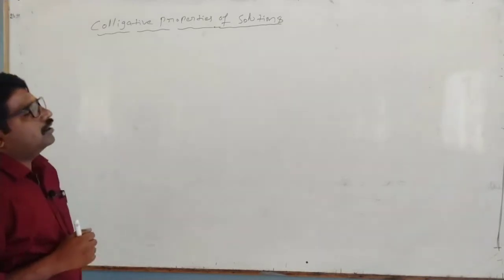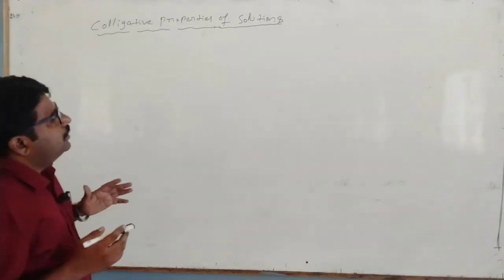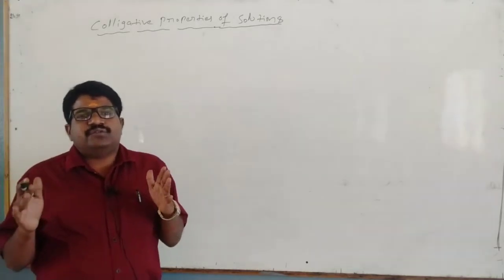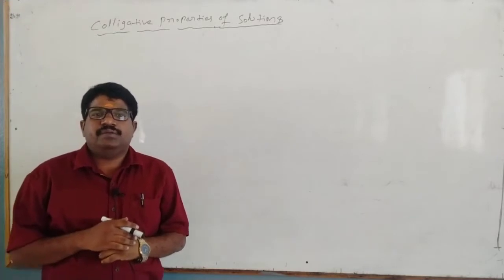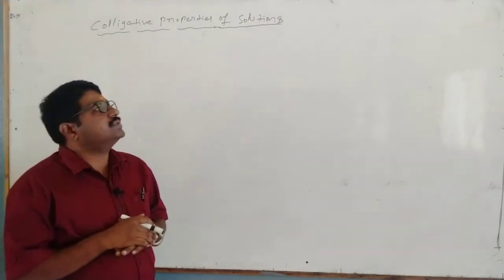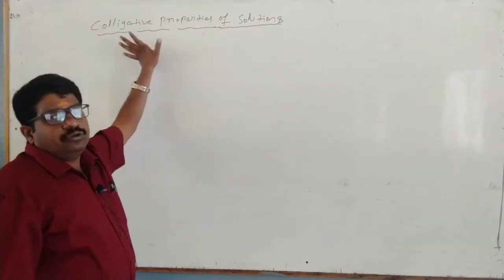What are colligative properties? Generally, they are solution properties which depend upon the number of solute particles, but not the nature of the solute particles. That is called a colligative property.